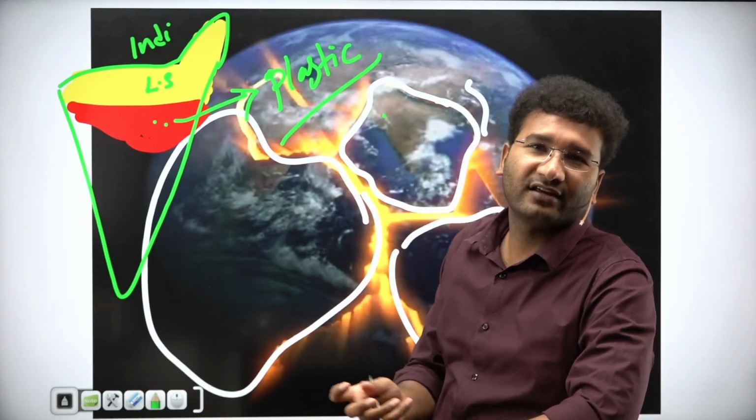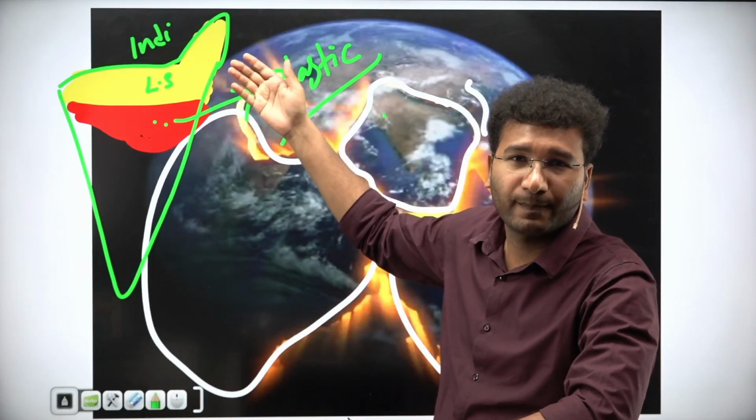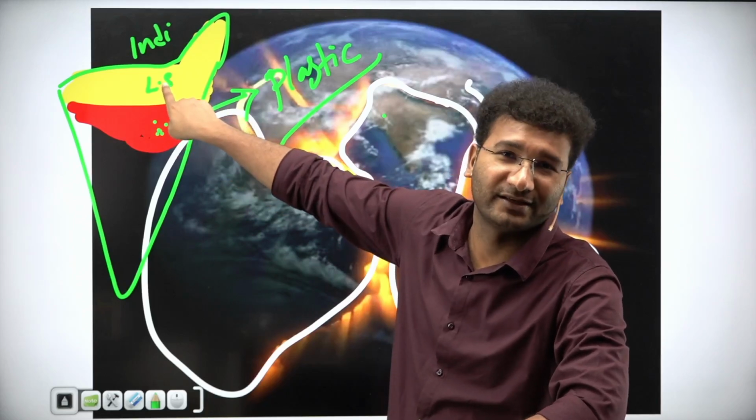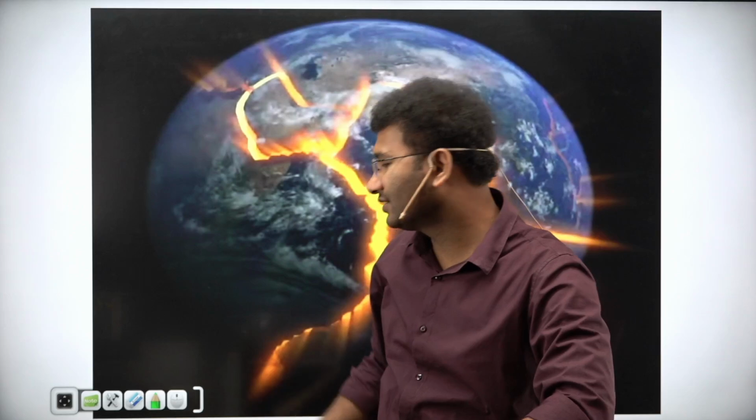It is like a pillow, this material, and this is how the interior of the earth is. But the density of this material is more as compared to this material. Okay? Always remember, as you go deep into the interior of the earth, the density of these materials is always high, right?